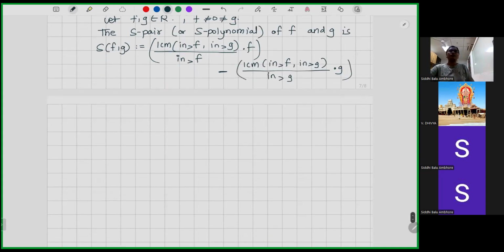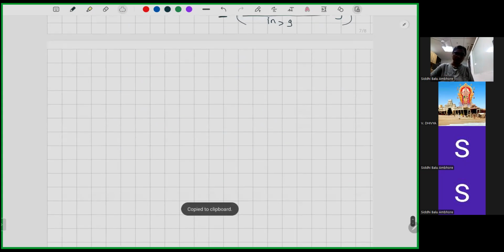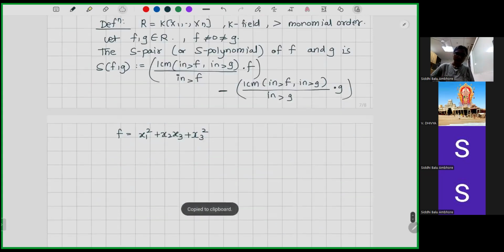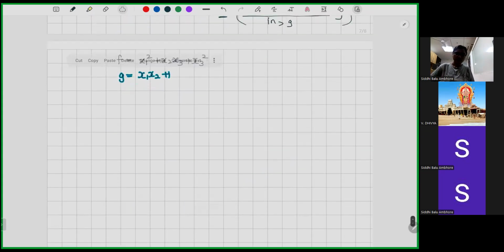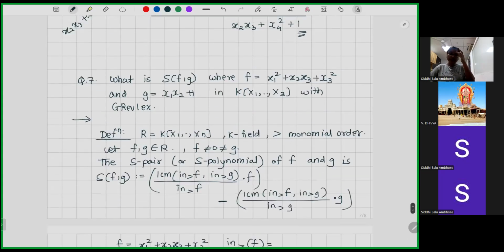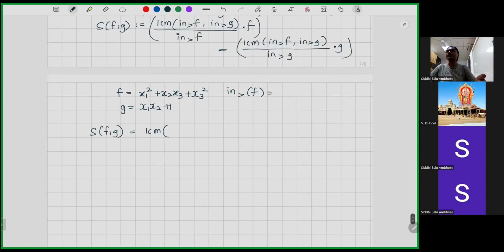And we have to find the S polynomial for these two. So let me just copy this. This is my f, and this is my g, and I have to find the S polynomial of this. So the S polynomial of f, g is the LCM of the initial terms. Here we are in graded reverse lexicographic order, so x1 square is greater than x2 x3.